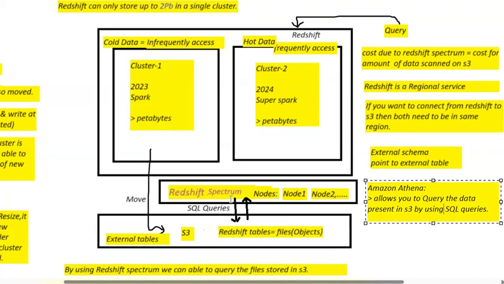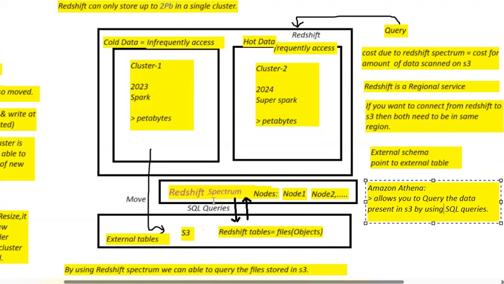Because if you use Redshift Spectrum, then at a time you can process the data which is present in your clusters and S3. But if you use Athena, you can only process the data which is present under S3. So if you want to process your data which is present in both S3 and Redshift clusters, then what feature do you use?